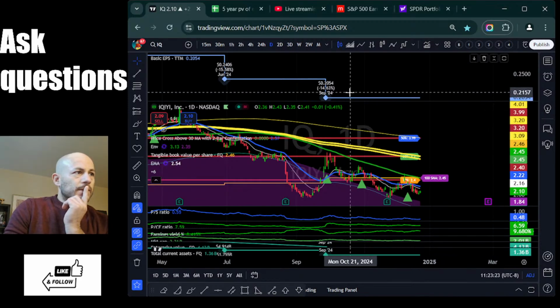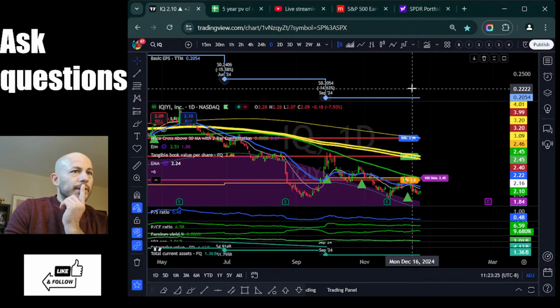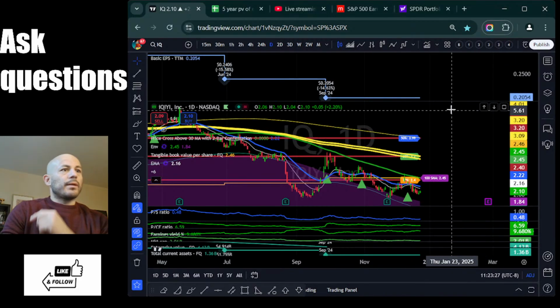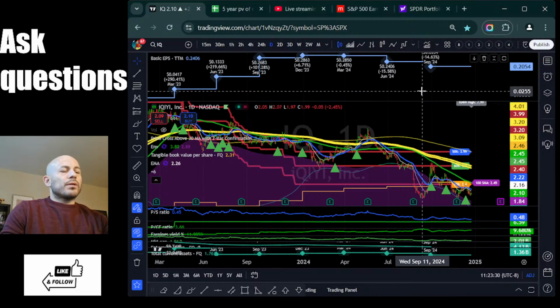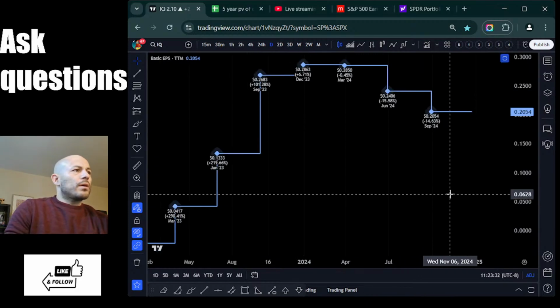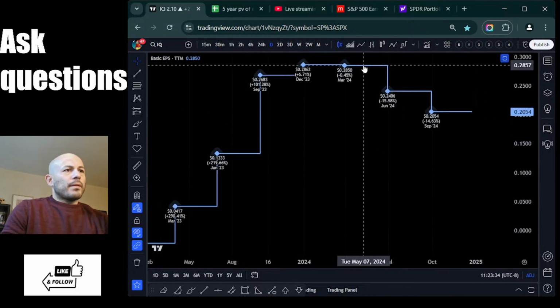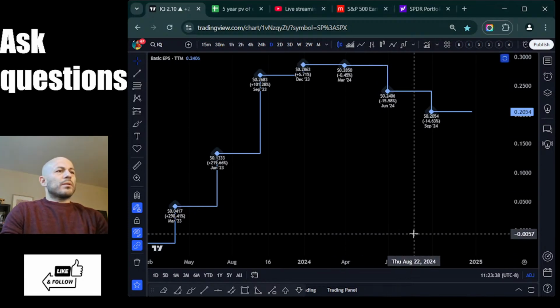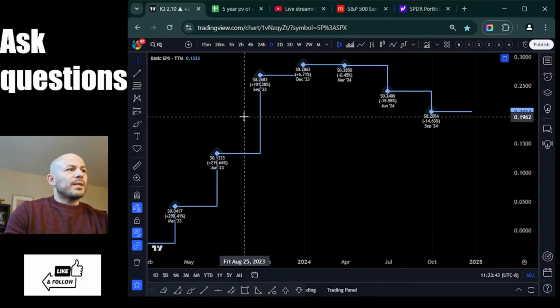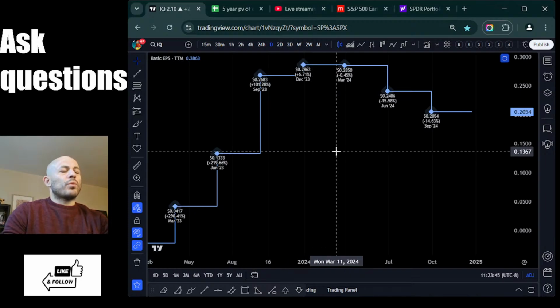So what is this? EPS trailing 12. Yeah, that makes sense. So this is the earnings for IQ. Their peak earnings was that 28 cents? This is the trailing 12, so the last 12 months.